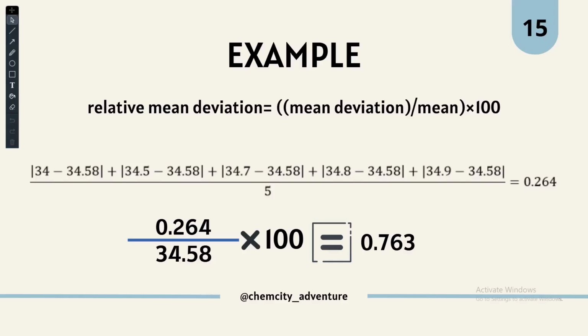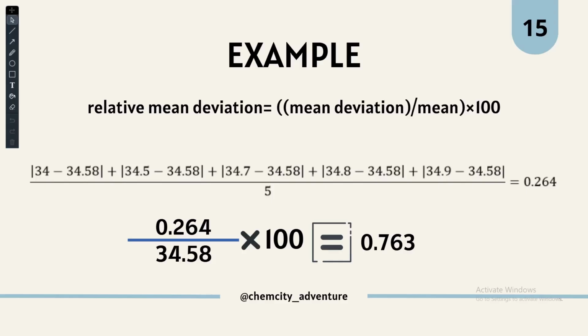When you have two data sets with different magnitude, one in milligram, the other in kilogram, it's not right to compare them with simple mean deviation. You must use the relative form, because it's unit free. The units are omitted in this form, so it's better to use.